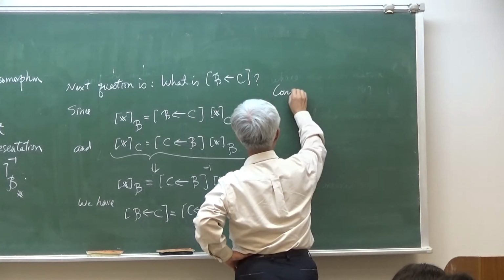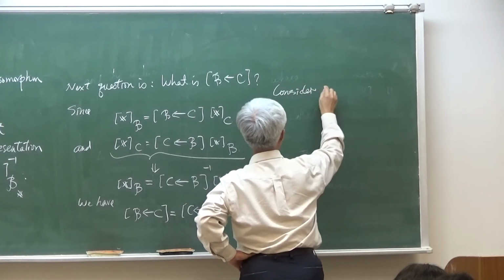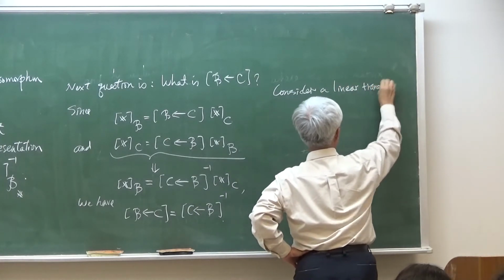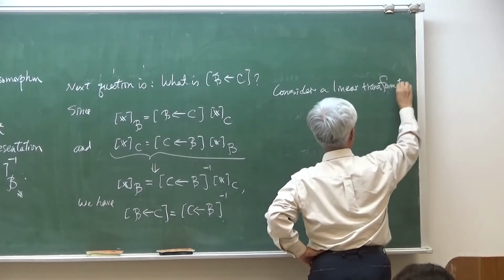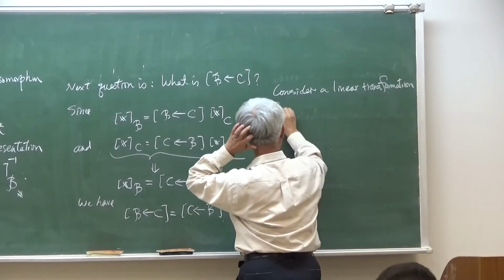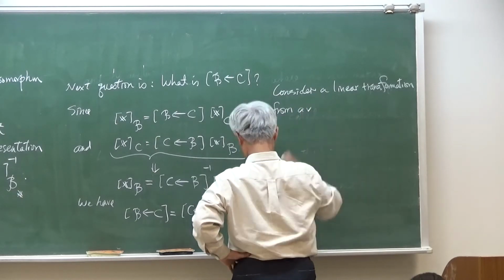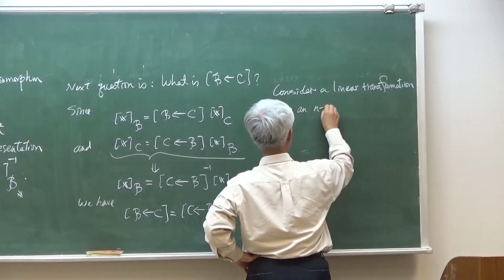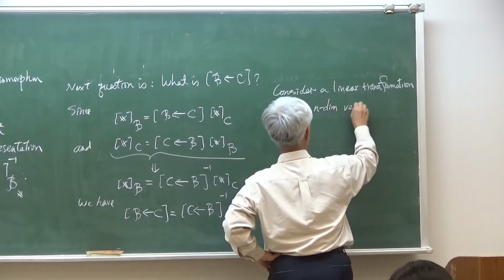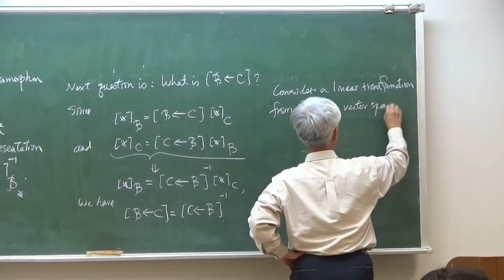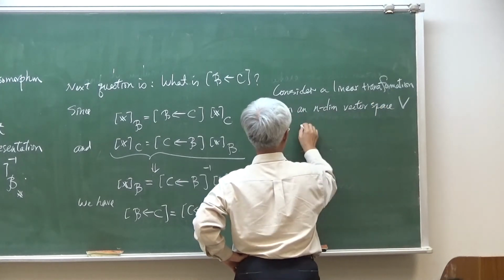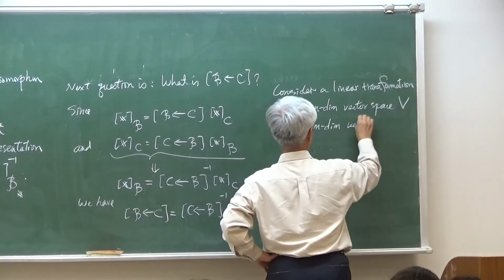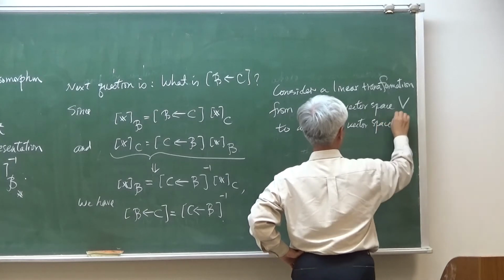Now we consider a linear transformation from an n-dimensional vector space V to an n-dimensional vector space W. Right.